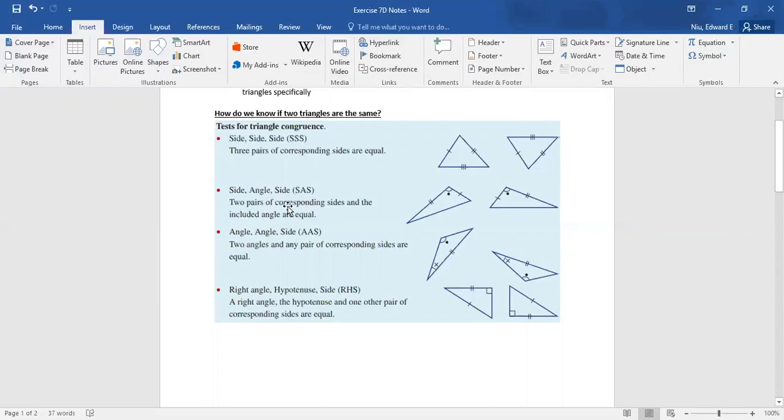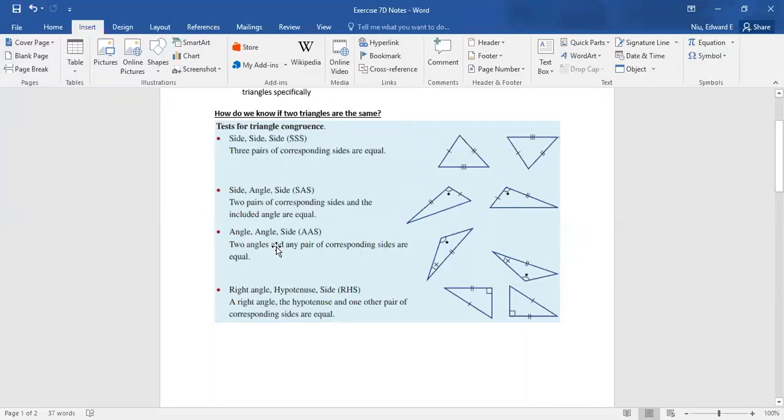actually being shifted down. The other way we can prove that two triangles are the same is if they have 2 sides and a corresponding angle that are the same. For example, these two triangles are identical to each other because they've literally just been mirrored and sort of like shifted a little bit, okay, because they share the same 2 angles and they've got 2 side lengths which are the same.